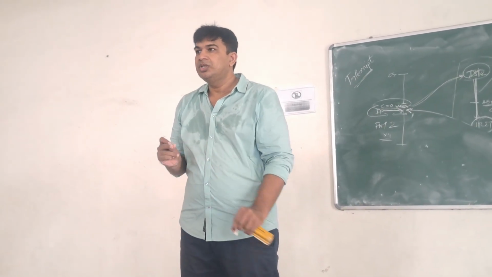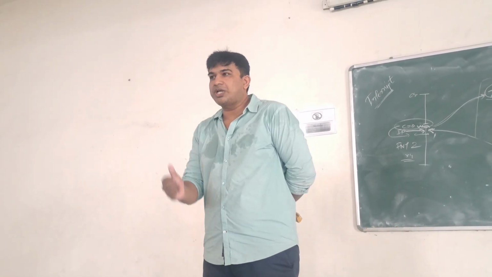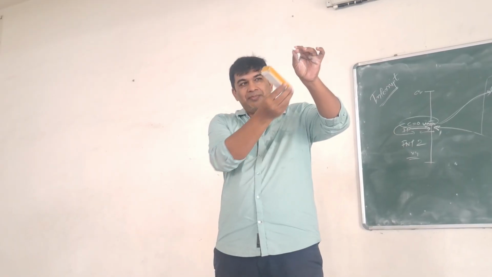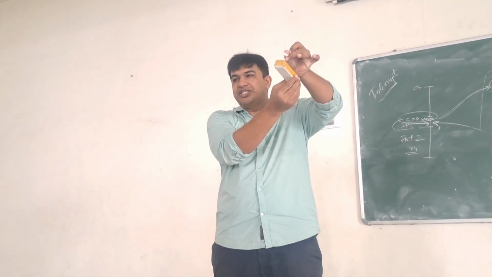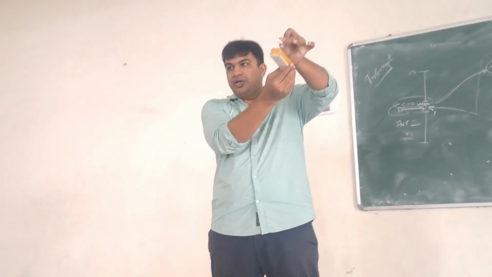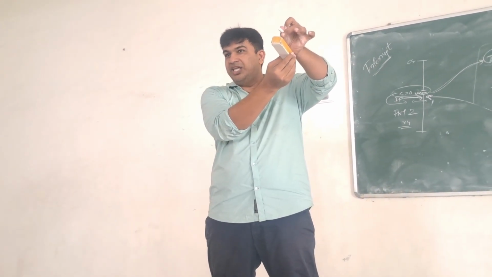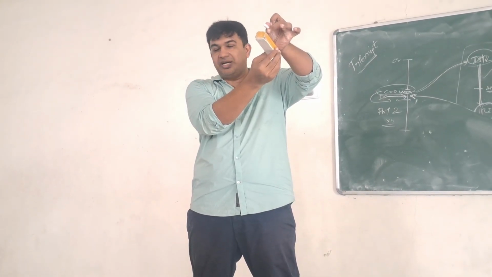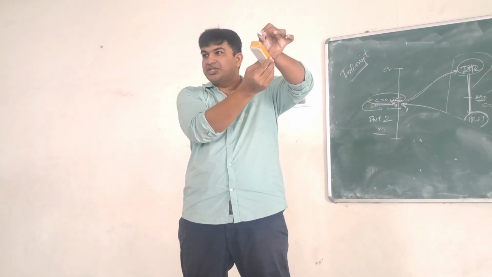Suppose INT 4 occurs. You need to tell me the procedure. I am running my code, my IP is over here, and my interrupt is generated here. This is INT 4. What happens? First, push your flag on the stack. Next, TF and IF become 0. Next, push CS and IP on the stack. Next, this is 4, so multiply with 4. 4 fours are 16.